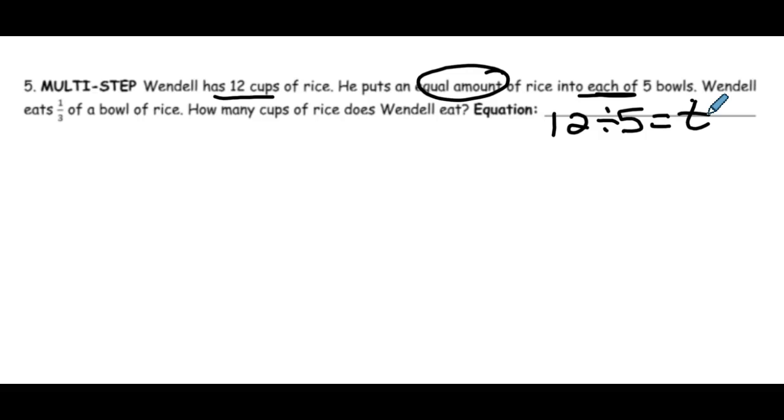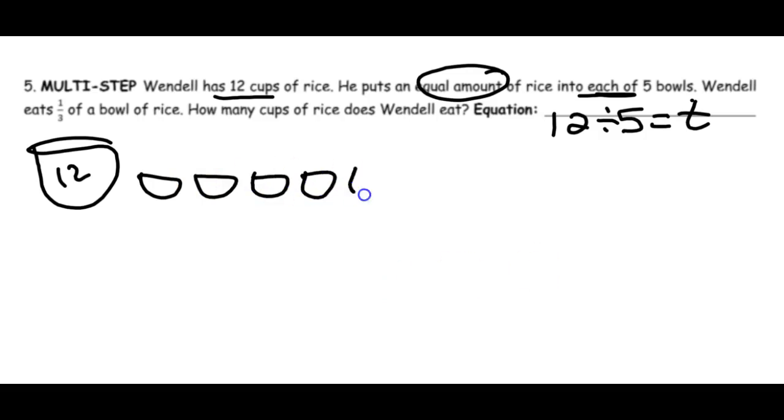So literally, he has 12 cups in a big container, in a big giant bowl, and he's going to divide that out into 5 bowls. So a little bit of rice here, a little bit of rice there, the whole way across. Okay, so he's going to divide it out equally. Okay, so that's going to give us our first part. How much is in each bowl when we do 12 divided by 5?